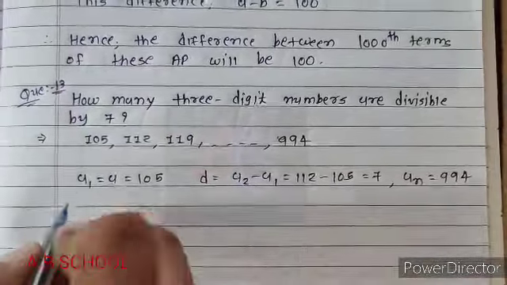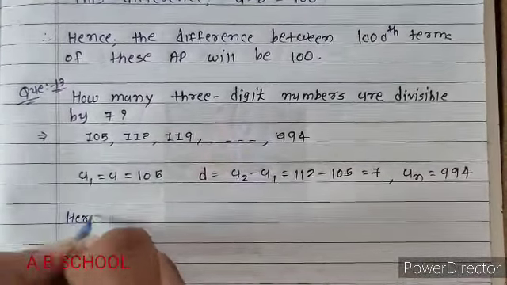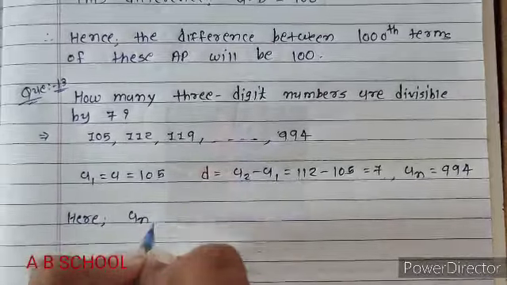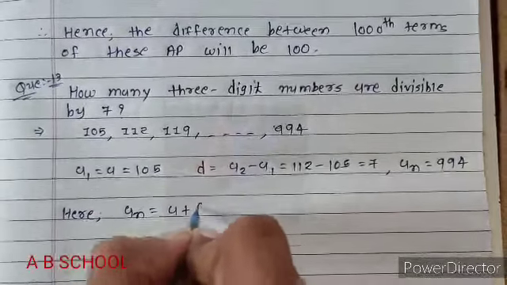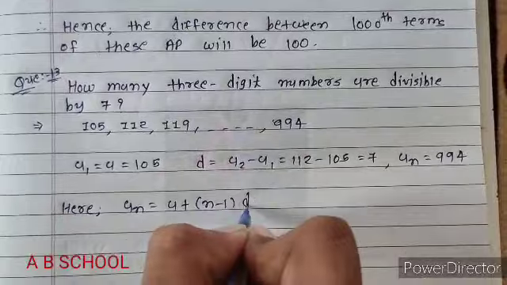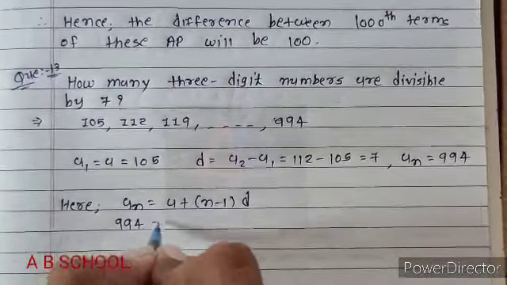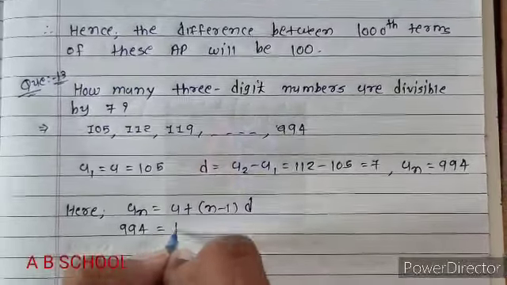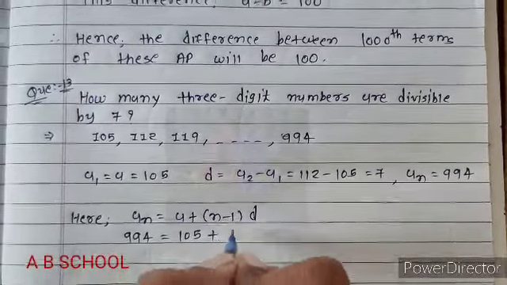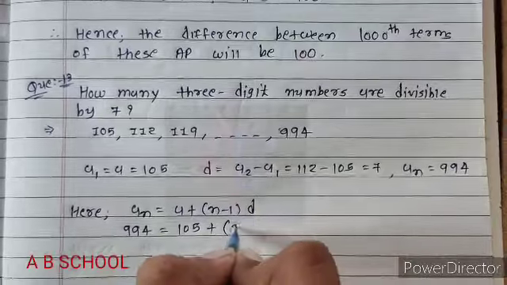Here An is equal to A plus n minus 1 into D. So 994 is equal to first term 105 plus 7 into n minus 1, where total number of terms n हमें फाइंड करना है.